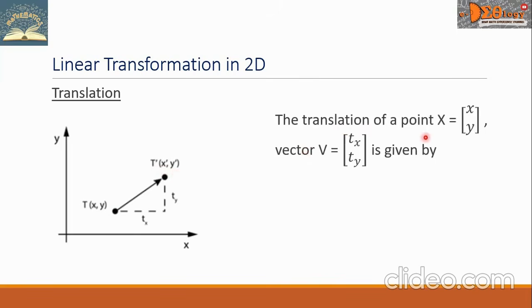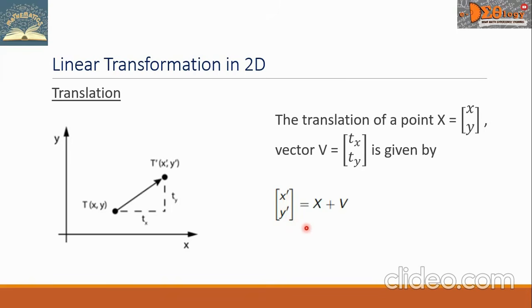The translation of a point X equals the column matrix x, y, by vector V equals the column matrix t sub x, t sub y respectively is given by the column matrix x prime, y prime respectively.